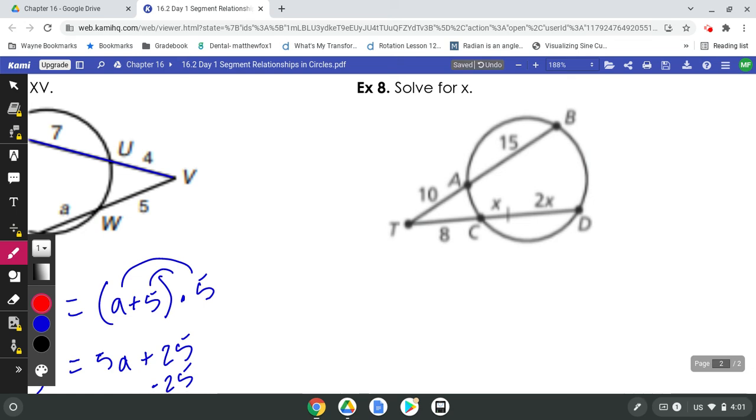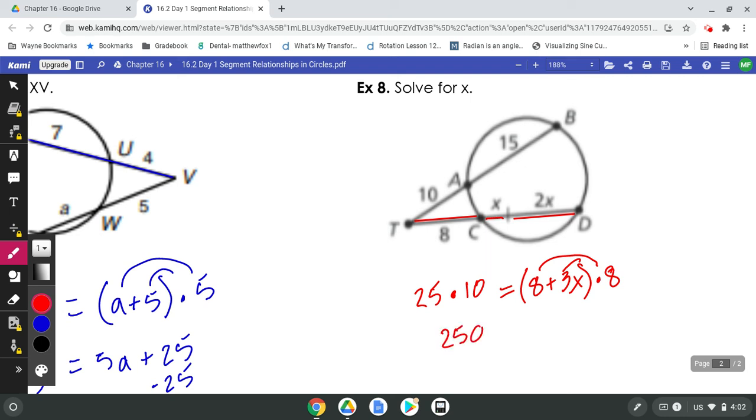The last one, the top secant, the whole thing, 10 plus 15 gives us 25, times the exterior part, which is 10, equals the whole thing. Now be careful here. We have 8. We also have an x. We also have a 2x. If we add all that up, 8 plus x plus 2x, x and 2x combined to 3x, and then times the exterior part, which is 8.